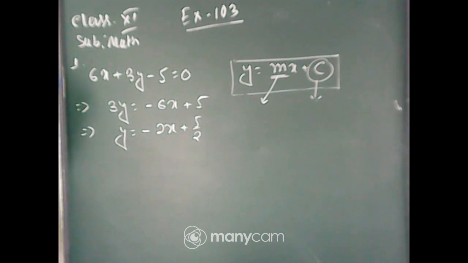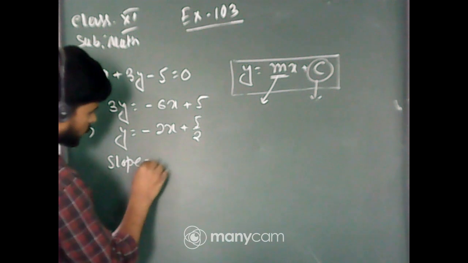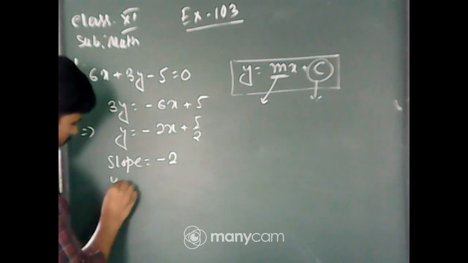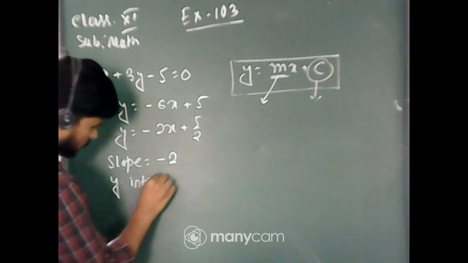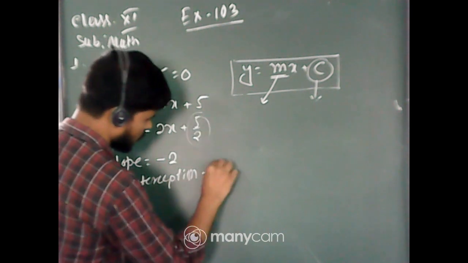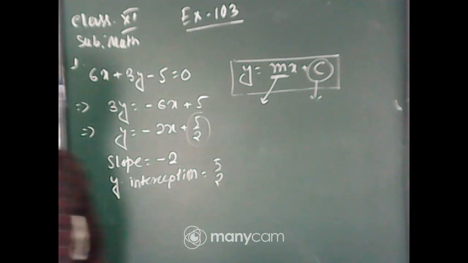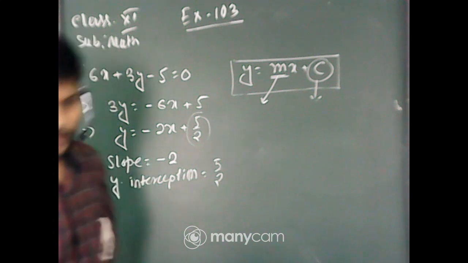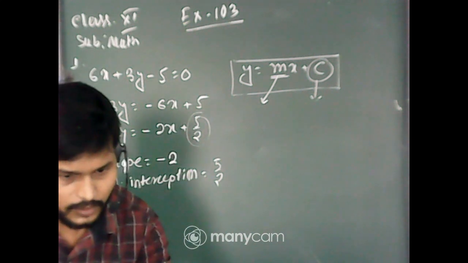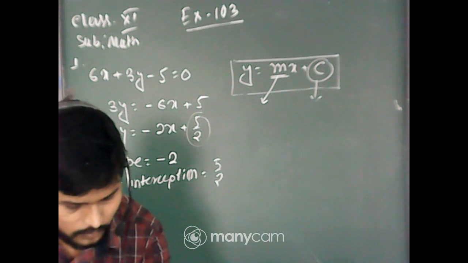The slope of the line is minus 2, and the y intercept is this term 5 by 2, which is c.